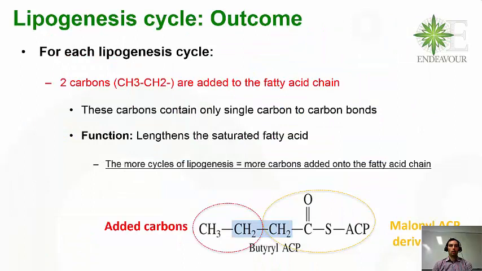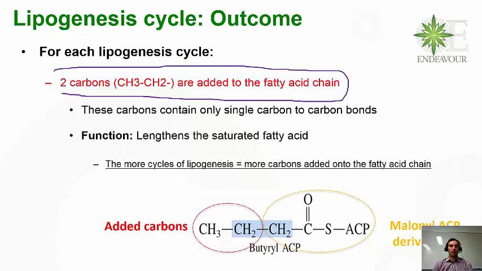So what is the actual outcome of a lipogenesis cycle? Basically it's the point shown here in red. We've actually added 2 carbons onto the fatty acid chain that contain single carbon-carbon bonds. Remember, at the beginning of the reaction, we started with our acetyl ACP.